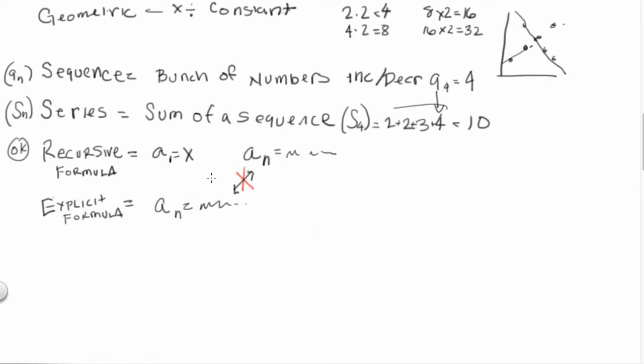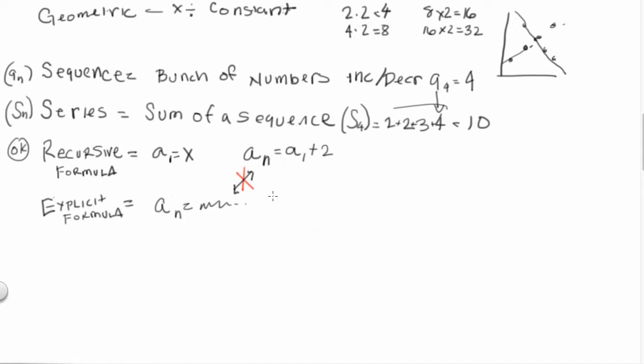This one, the recursive formula, will usually have some sort of a previous term, so for example a sub n minus 1, and then some calculation you do to it, for example plus 2. That's just as an example.